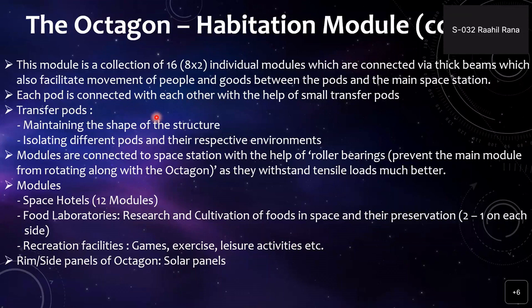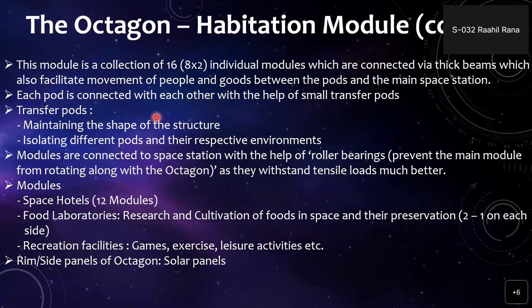The remaining modules are for recreational facilities: games, exercise, and other leisure activities. Exercise is one of the most important things to do on the space station, because every human being will face microgravity effects on their bones and bodies. In order to limit those effects, exercise is important.